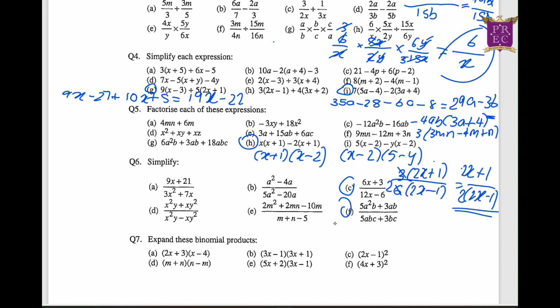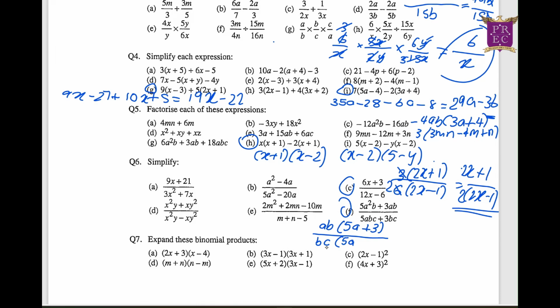Look at F. What can we take outside for the first one? We can take A and B outside. If we take A and B outside, we're left with 5a plus 3. Then we're dividing it by, we can take BC outside for this one. So we're left with, to get 5aBC, what do we need to times BC by? Just 5a.